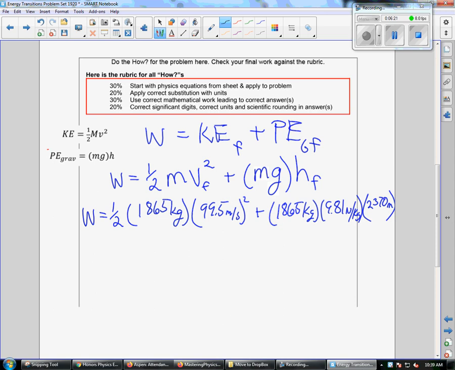And then just pull out the good old calculator. I'm all in kilograms and meters and seconds and newtons, so I know I'm going to end up with joules. So let's see.